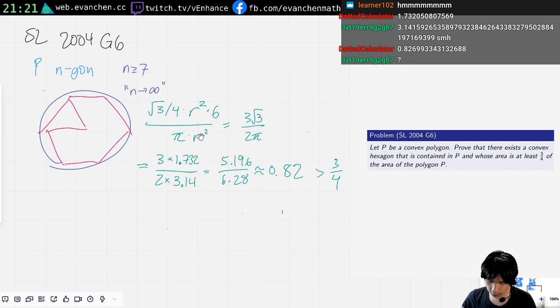So if my n-gon is close to a circle, that's fine. So where's the 3/4 going to come from?